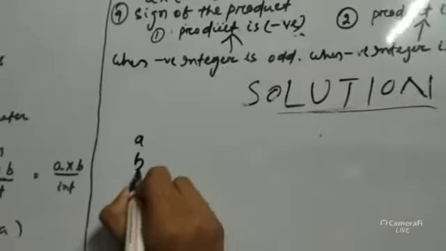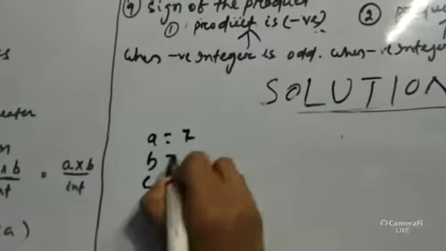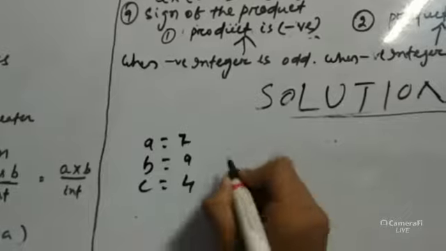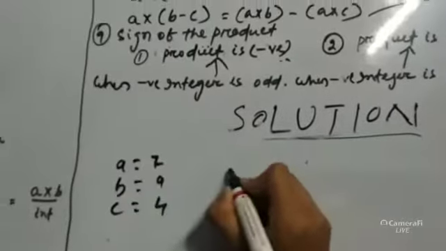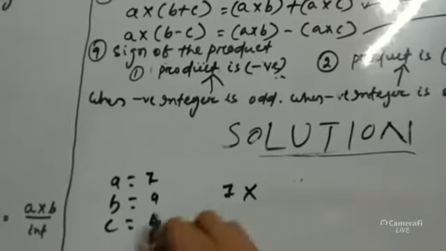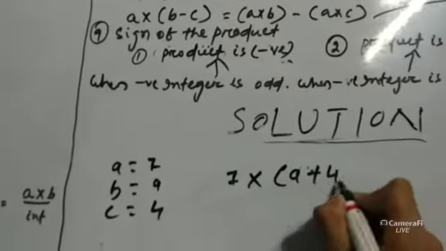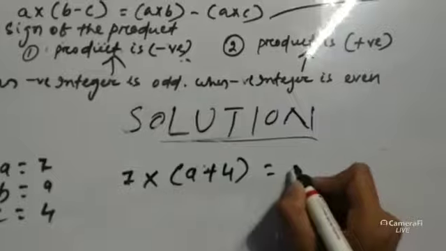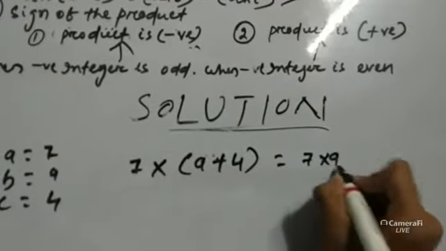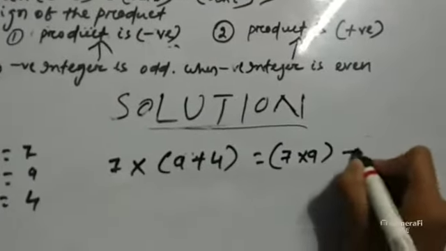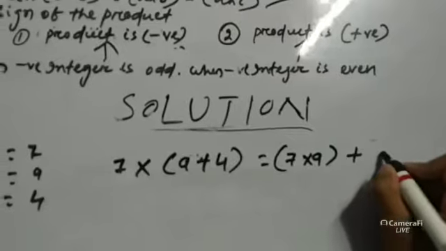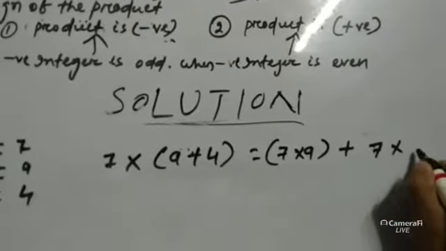Now a, b, c equal to 7, 9, 4. 7 into 9 plus 4 equals 7 into 9 plus 7 into 4.